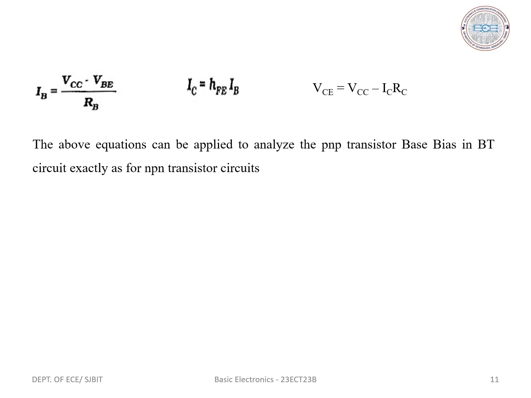IB equals VCC minus VB by RB, and IC will be equal to HFE into IB, where we can calculate the HFE value for both the maximum value as well as the minimum value, and VCE equals VCC minus IC into RC. Therefore the above equations can be applied to analyze the PNP transistor base bias BJT circuit, exactly as for an NPN transistor circuit.